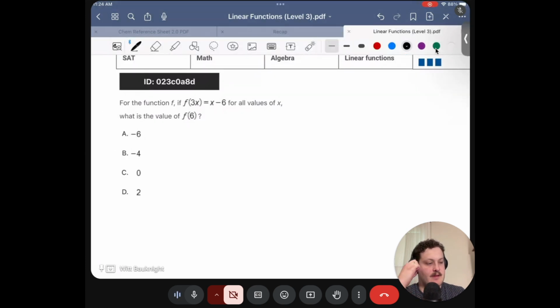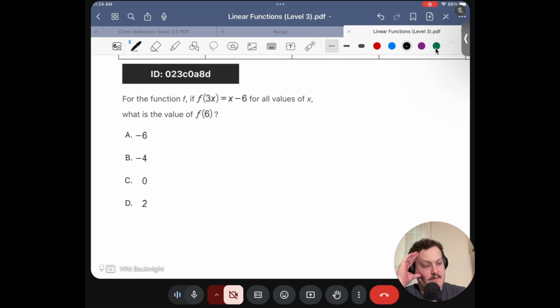Lastly, for a function f of 3x equals such, for all values of x, what is the value of f of 6? All right. Let's do some u substitution. Let's call 3x u.